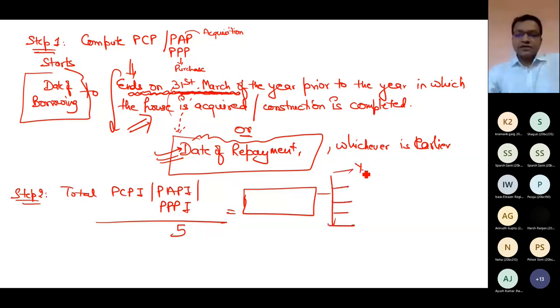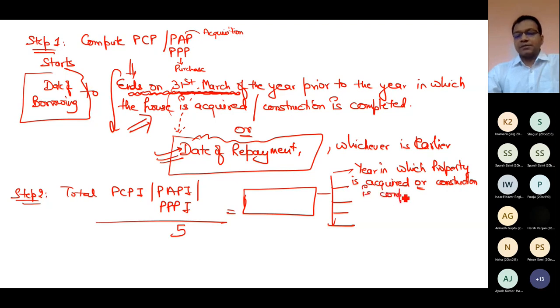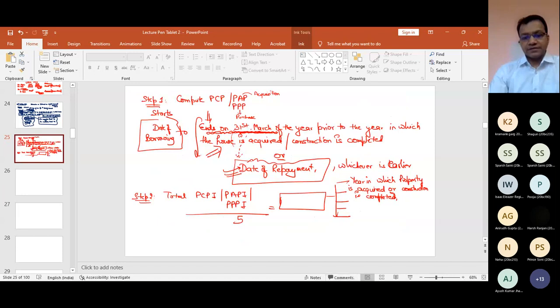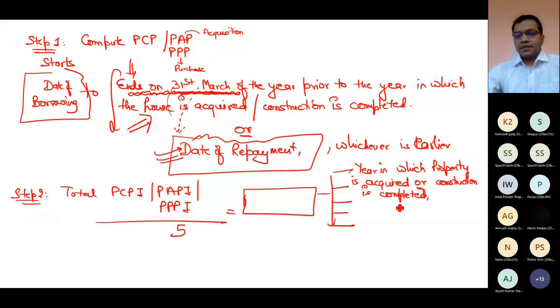The first year is the year in which property is acquired or construction is complete, and then the next 4 years. This was my step 2.